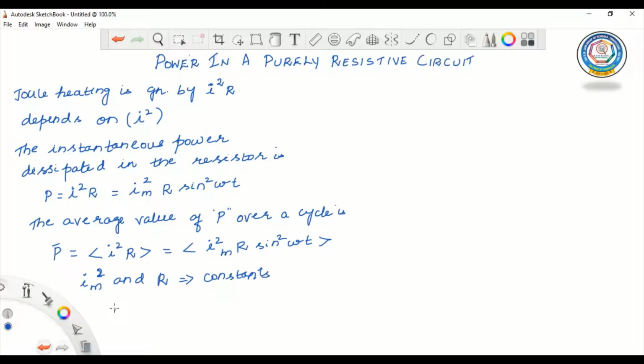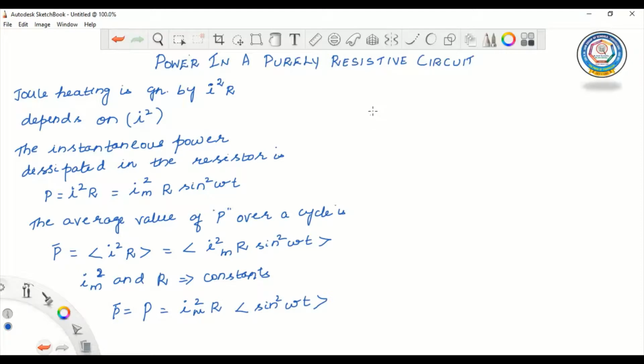So this P bar can also be written as capital P. This is equal to Im square R times the average value of sine square omega t. Now this is very important, children. We are going to use the trigonometric identity.